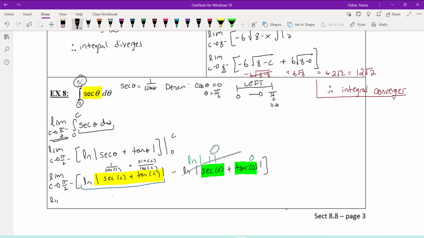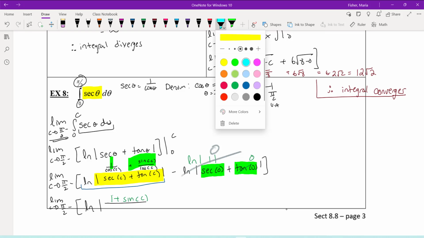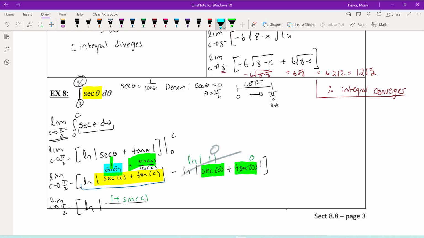What I'm going to do when I'm putting this in a calculator is look at it as the natural log of the absolute value of the numerator, 1 plus the sine of c, over the denominator, which is, well, the common denominator is cosine of c. And since I can't plug in pi over 2, I need to figure out a number to the left of pi over 2.